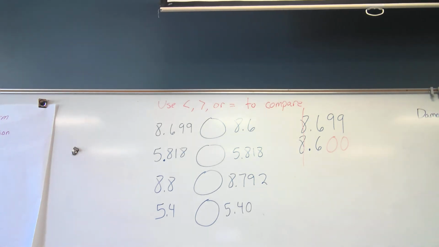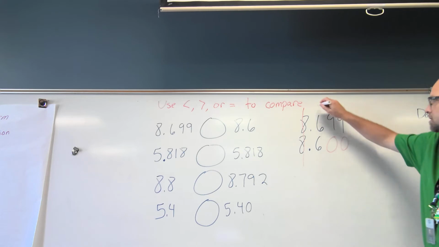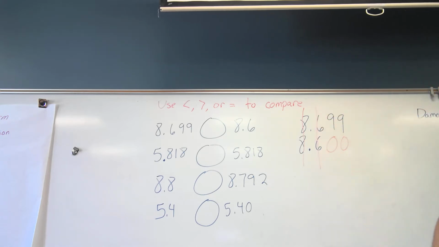What is the next place value I need to compare? The 6, which is in the tenths place. Is there a difference there? No. So what place value do I go next? You go to the hundredths.